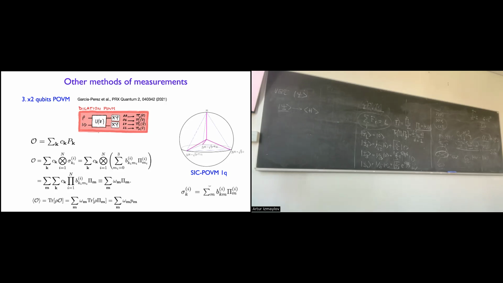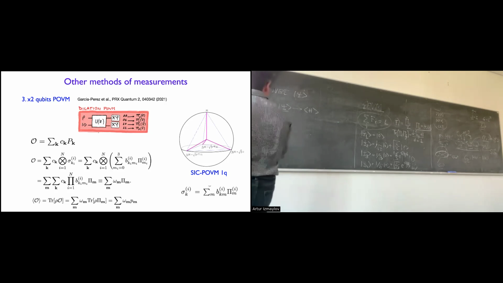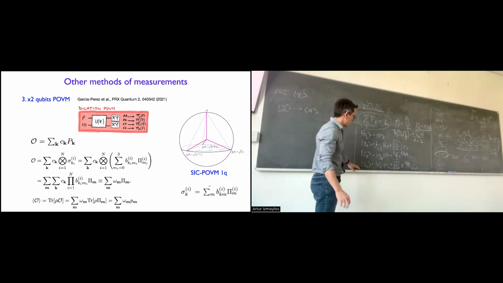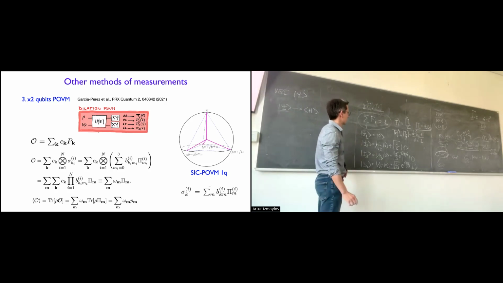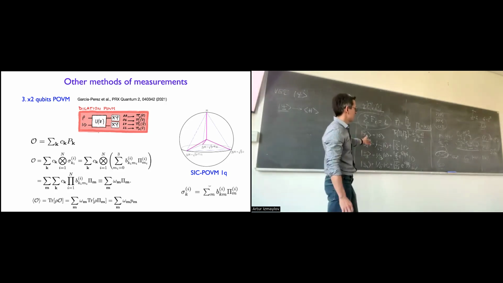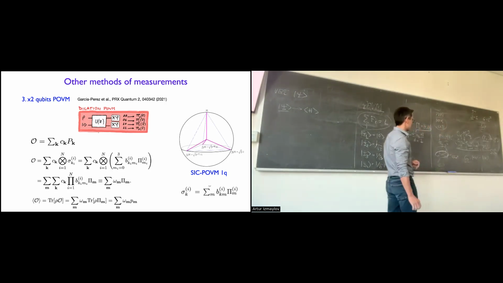If we have multiple qubits, then within each qubit we have 4 projectors. Using these 4 projectors, any Pauli operator can be described.